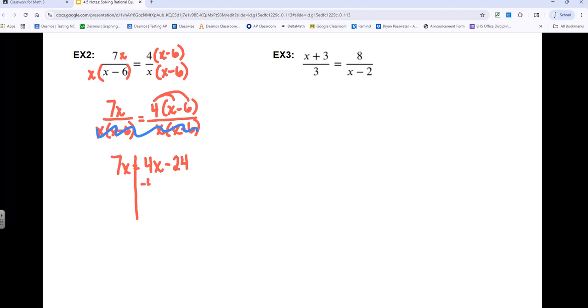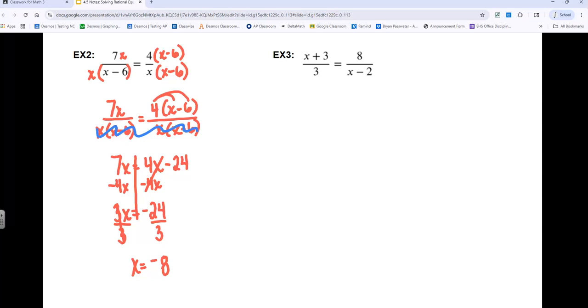All right, so if I subtract that 4x, that'll get those variables together. So I've got 3x equals negative 24. And then, what's the last step on that one, Joey? Divide by that 3. Good. What do we get for our answer? Almost, negative 8. Don't lose that negative that's there with it.